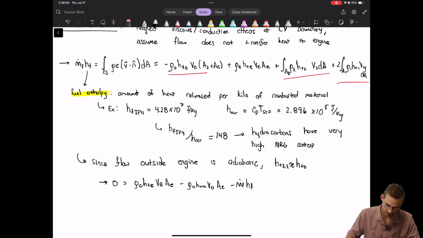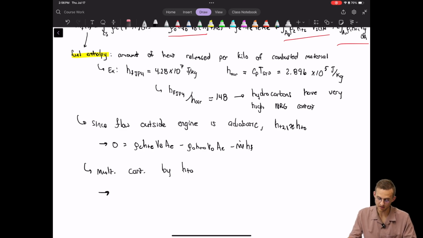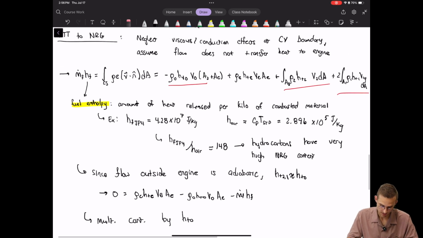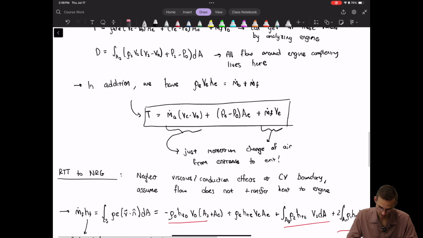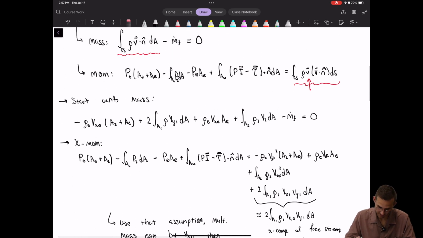Now the next thing we'll do is multiply the continuity equation by HT naught. This is very similar to what we did before, where we multiplied by V naught in the x direction. Looking back at the continuity equation, scrolling up, this is the mass equation that I wrote down here. We're going to multiply that whole thing by HT naught.